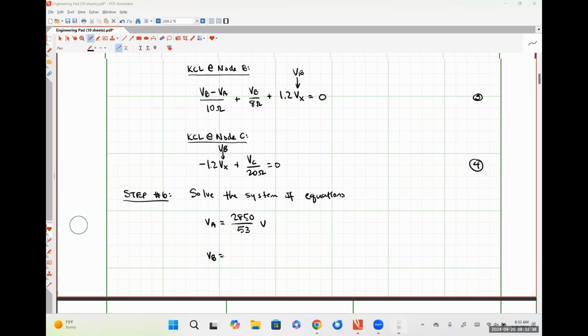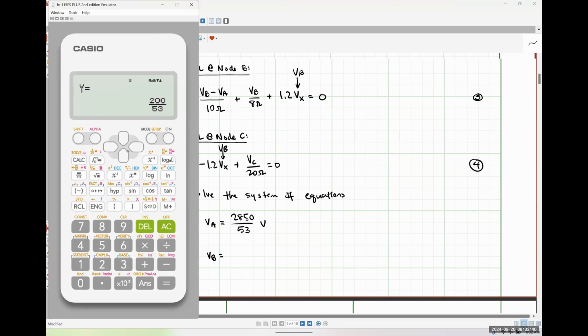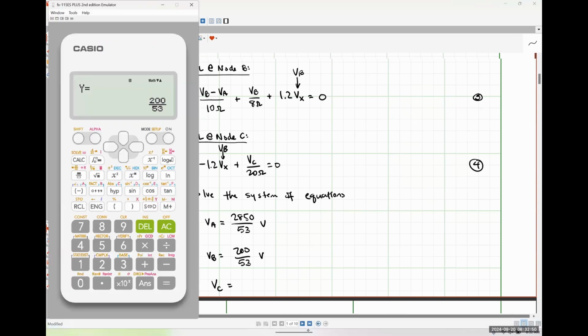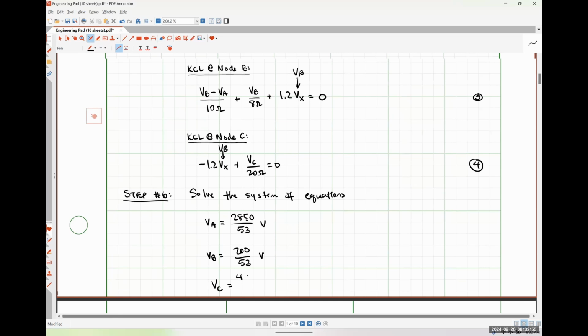VB is 200 over 53. And lastly, VC is 4,800 over 53.